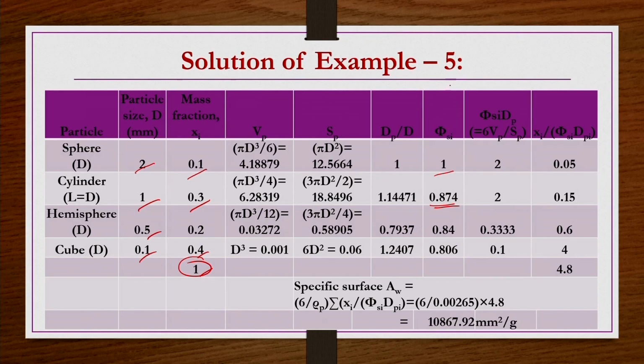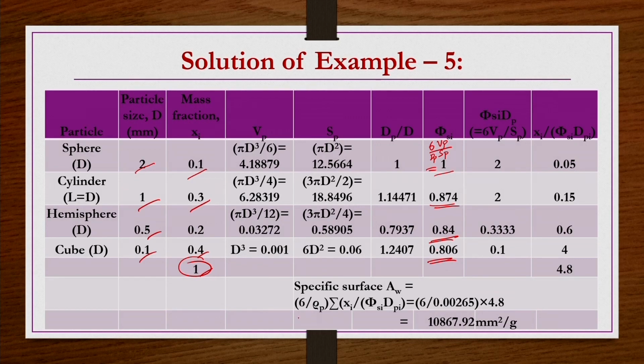This phi_s is nothing but 6 V_p by d_p S_p. When you do it for the spherical particle it is 1, and for the short cylinders 0.874, the hemisphere 0.84, and the cube 0.806. These things we have already calculated in one of the previous lectures.